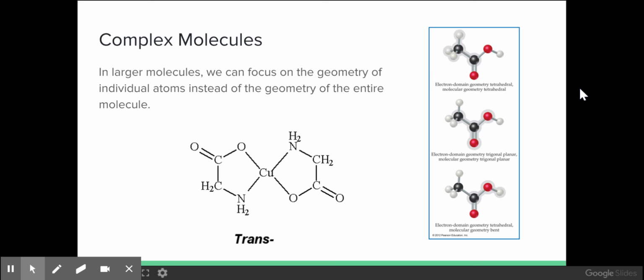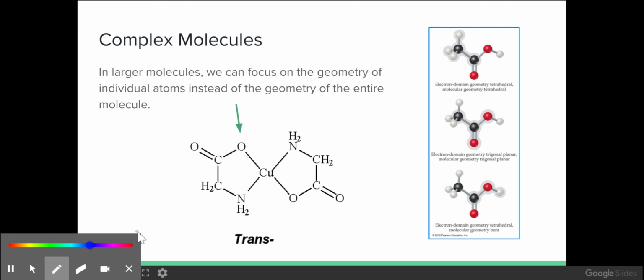In complex molecules, we still have the ability to look at bonds to be able to make predictions about the overall geometry. So for instance, I look at this O, and this is a skeletal structure. I know that this oxygen is missing pairs of electrons. I can look at that and I can tell you that it's going to be bent. I can look at this carbon.